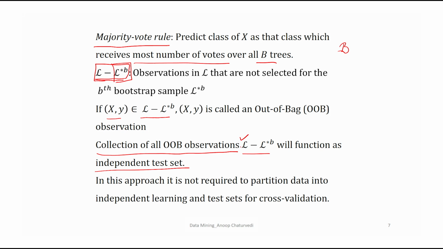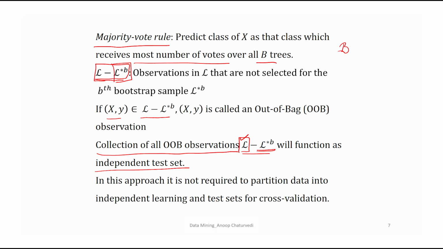Now, the learning set is treated as your entire data set, and L*b is the set of observations on the basis of which you have developed the bth tree. So, for the bth tree, L*b is the training set, and L minus L*b is your independent test set.